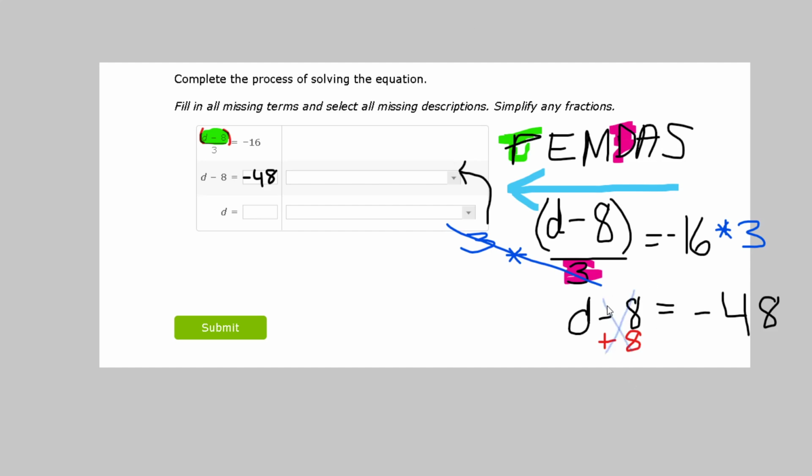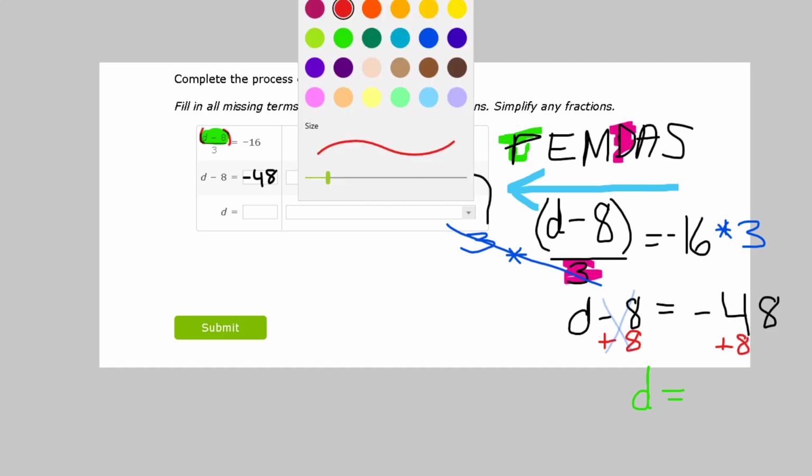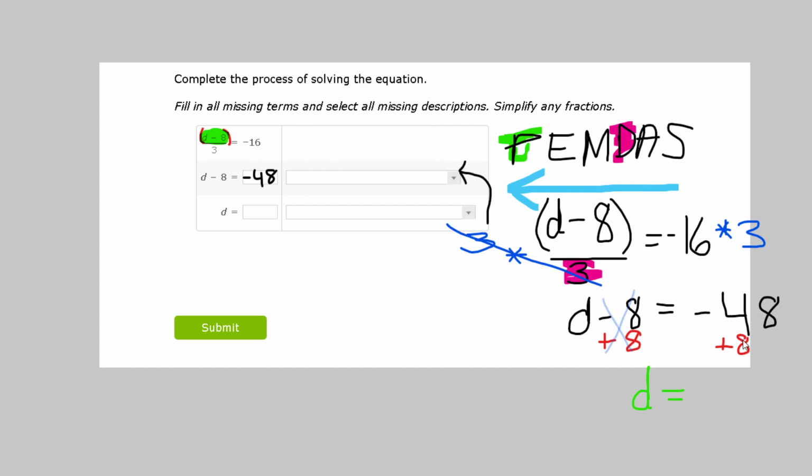Because minus 8 plus 8 is just 0. So that leaves us with d here on the left. And then on the right, we have to add 8. And we did it to the left, so we have to do it to the right. Negative 48 plus 8. Be careful, you're working with a negative. Negative 48 plus 8 would be negative 40.